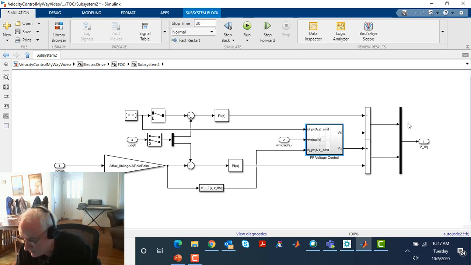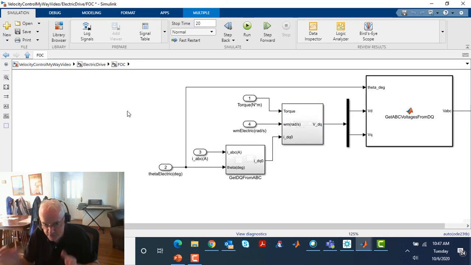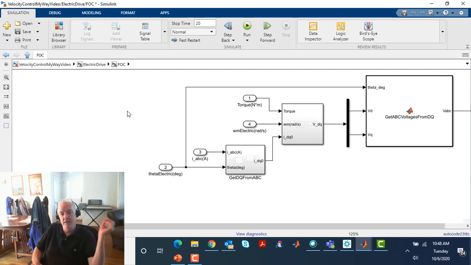And with regard to this outputting a VDQ, there is no D terminal, there is no Q terminal. This is a mathematical construct that allows me to be very efficient and very successful in getting a motor to do what I want it to do. But the reality is that there's an A terminal, a B terminal, and a C terminal. That's what I can put voltage on.